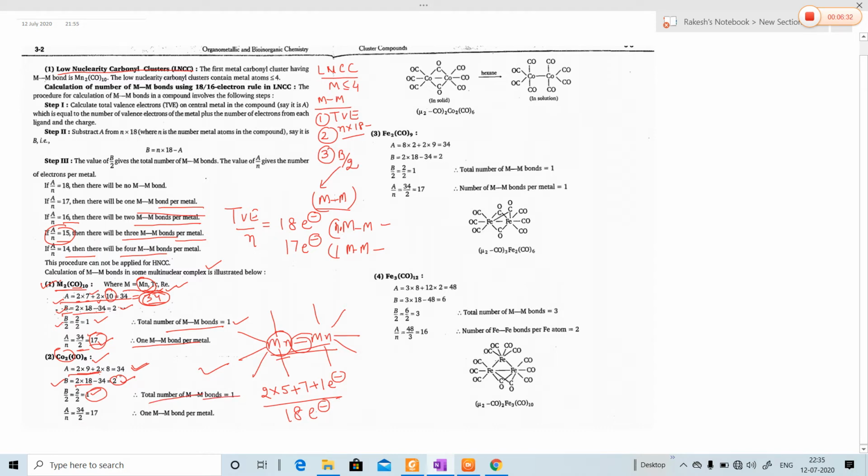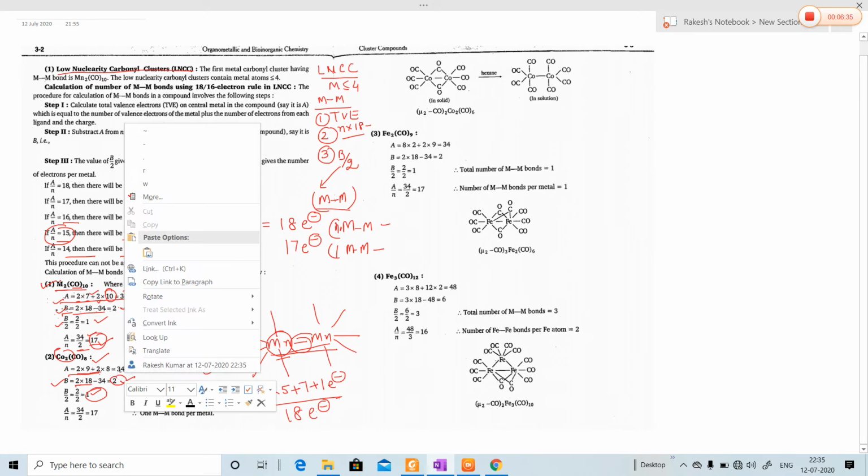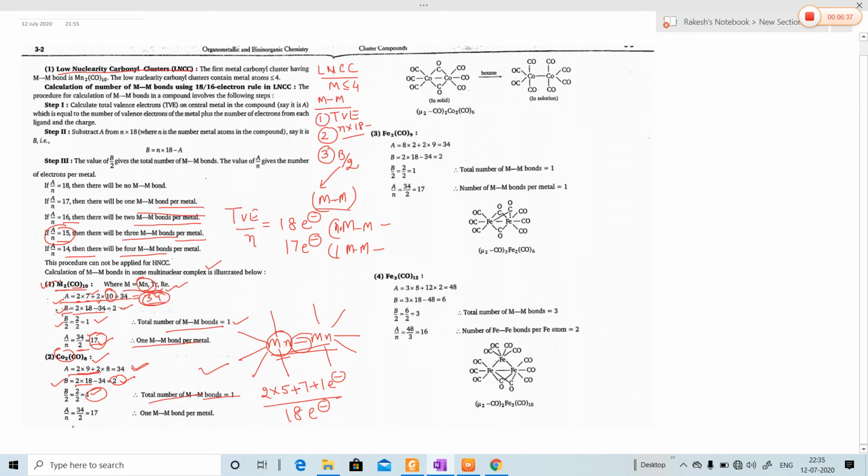We divide the total valence electron 34 by n, and the value of n is equal to 2. Then the value is 17. There is the presence of one metal-metal bond per metal. So this is the structure of Co2(CO)8.